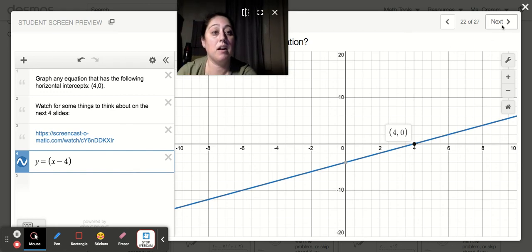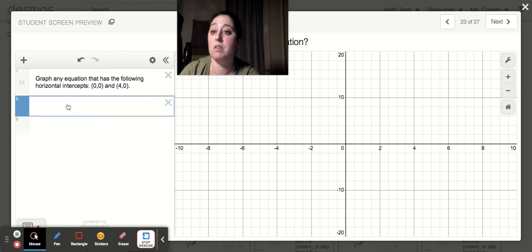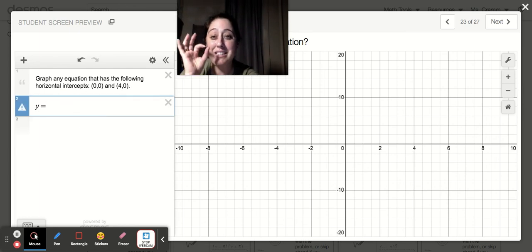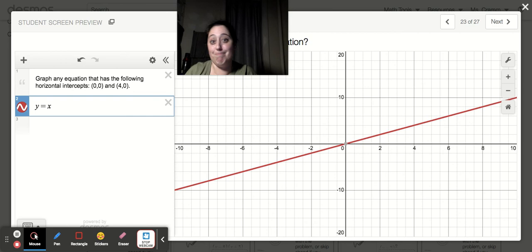Great. All right, let's go to the next one. Now I have 0, 0. So I want an x-intercept here at 0 and then here again at 4. All right, so I'm going to say y equals, and remember, if it's 0, you might have to think back to a few slides. We just put x. That's it.